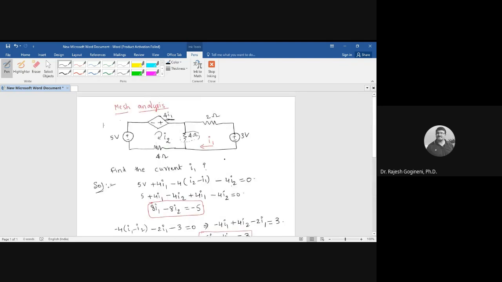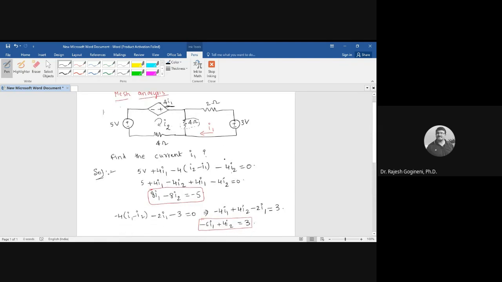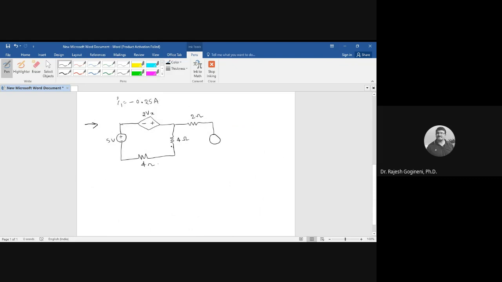Same ohms or I1, Vx. So here I will change this value.